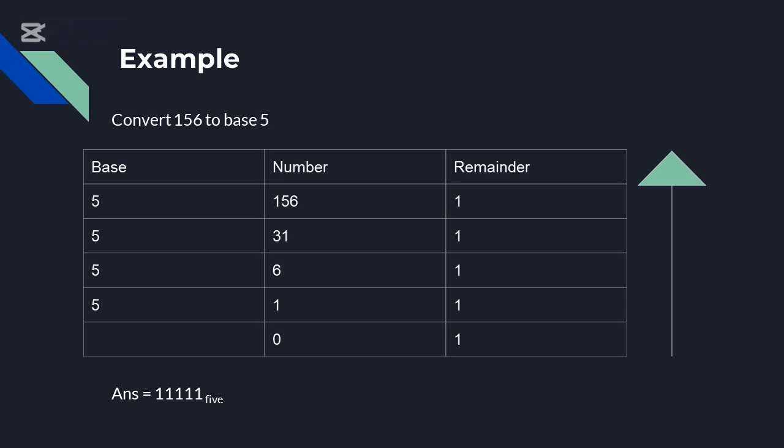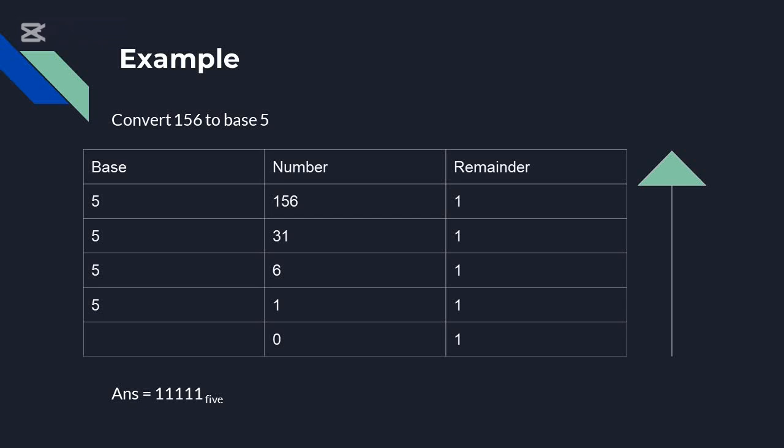So 6 divided by 5, you get 1, with a remainder of 1, and then 1 divided by 5, you get 0, remainder of 1. So we write the answer in reverse order, from down moving up. That's the concept.